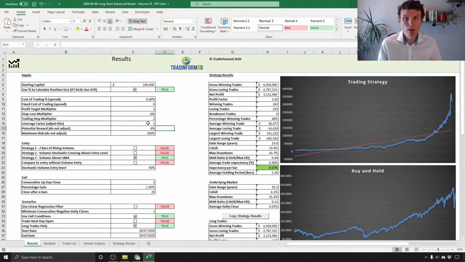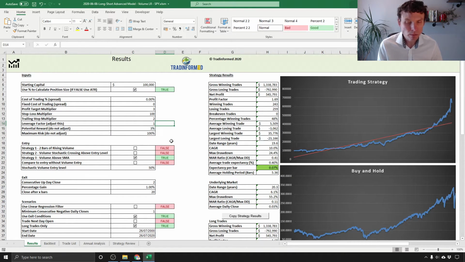So each position size is exactly double what it was in the initial scenario. So a 3% stop loss, if that is hit, a 3% target, if that is hit, would be a 6% gain in our capital. Put that back to 1. Always worth looking at leverage when we have low drawdown so we can contrast across different types of strategies.